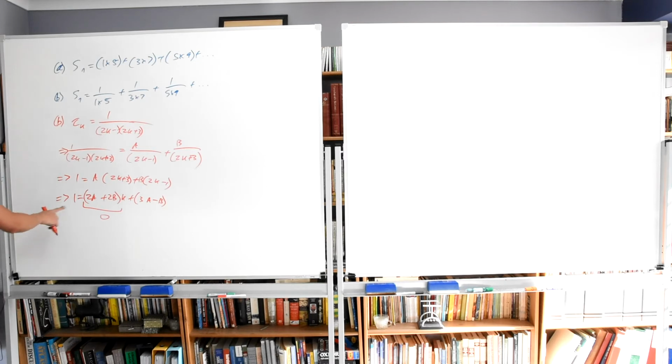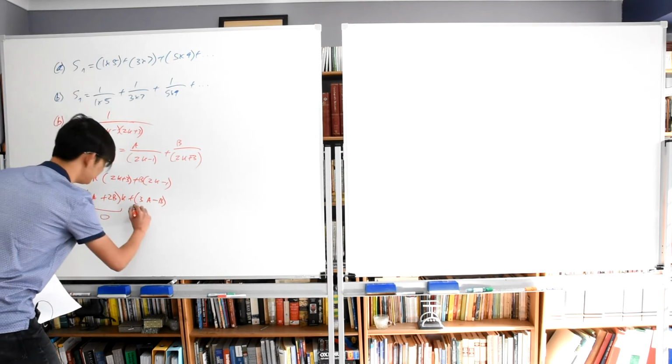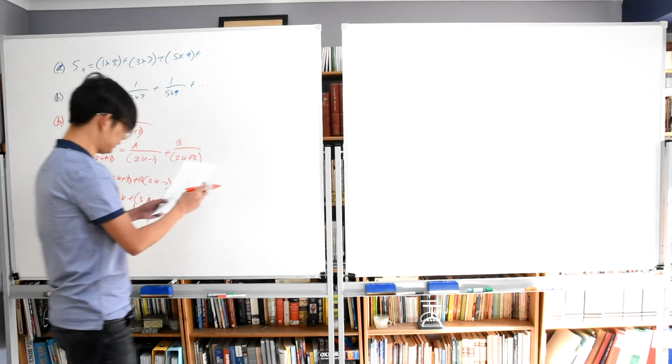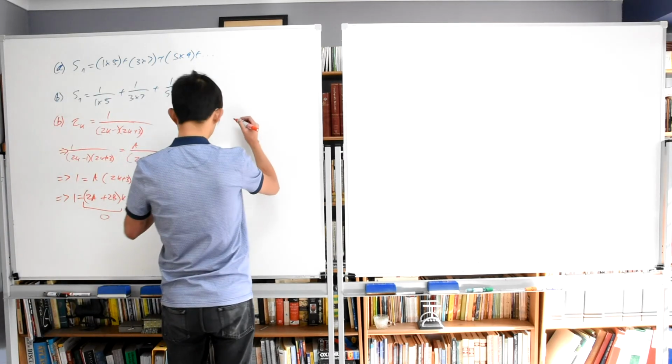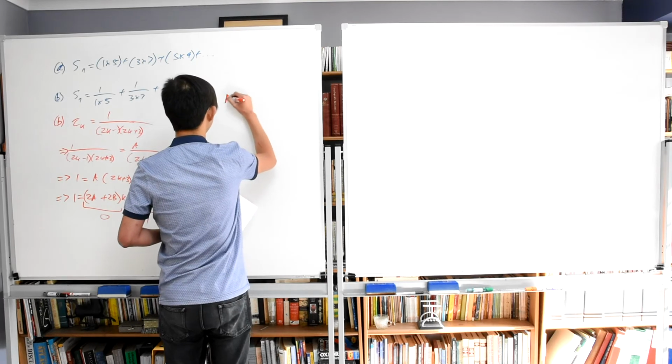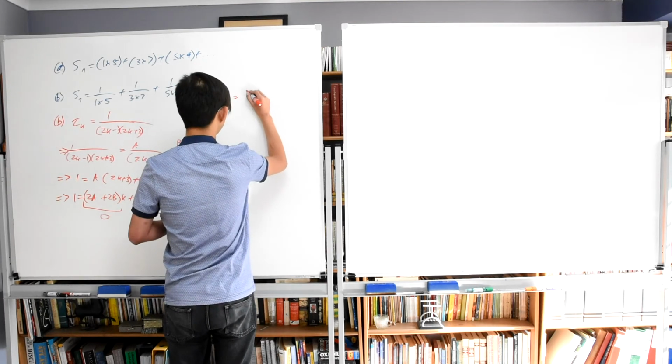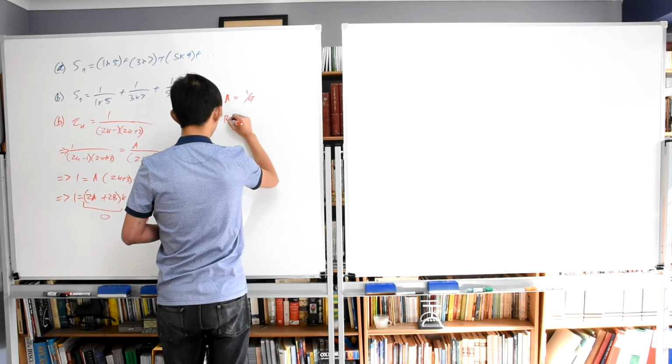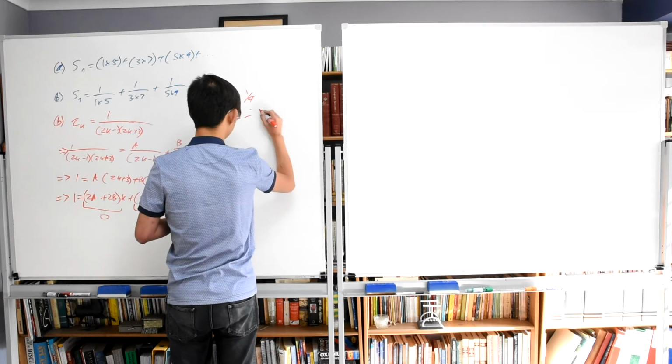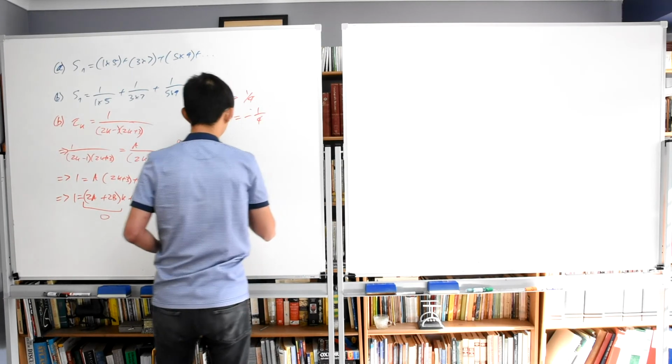On the left hand side, we see a 1. On the right hand side, hence, this part here must be 1. Solving two equations with two unknowns, where the two unknowns are capital A and capital B, we're going to see that capital A is 1/4 and capital B is minus 1/4.